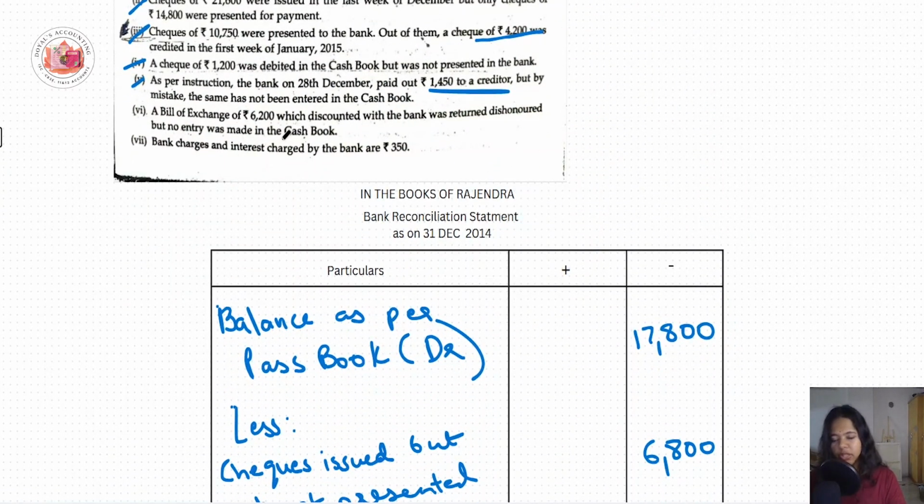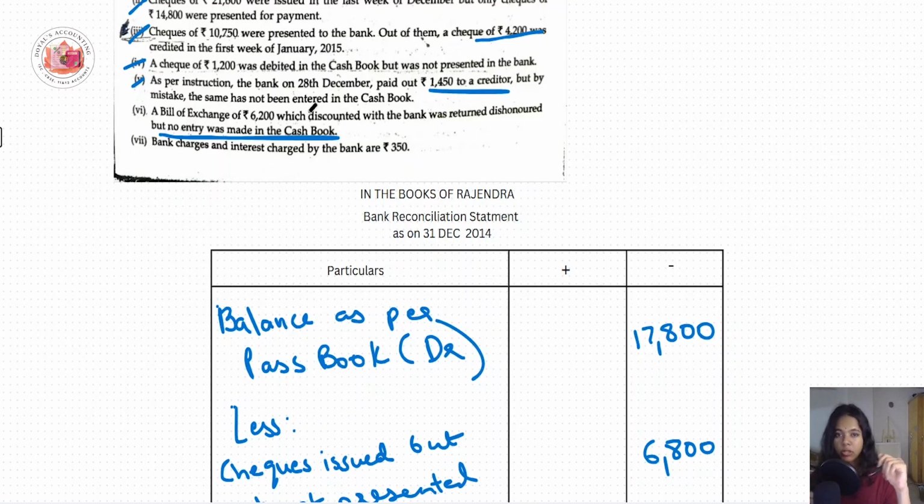A bill of exchange of rupees 6,200 which was discounted with the bank was returned dishonored, but no entry was made in the cash book. So this bill of exchange which was discounted with our bank has been returned dishonored. That means 6,200 has been deducted from the account holder's account, but a similar transaction has not been recorded in our cash book.